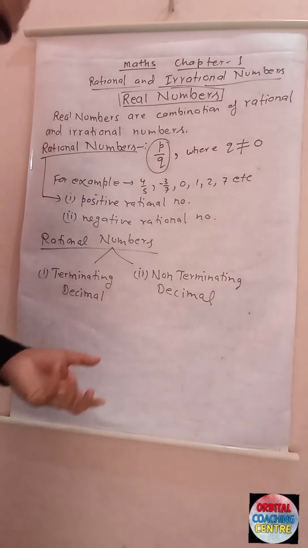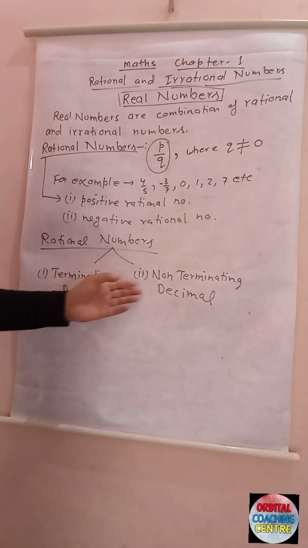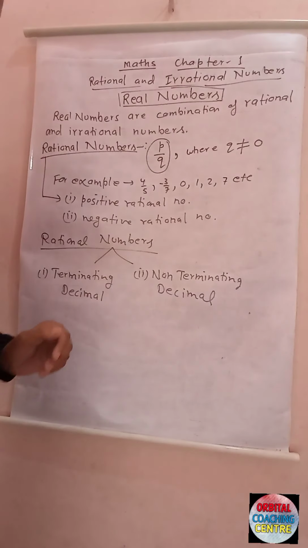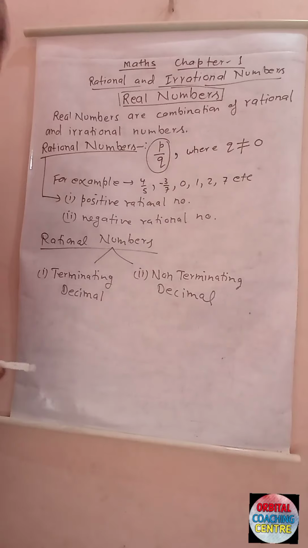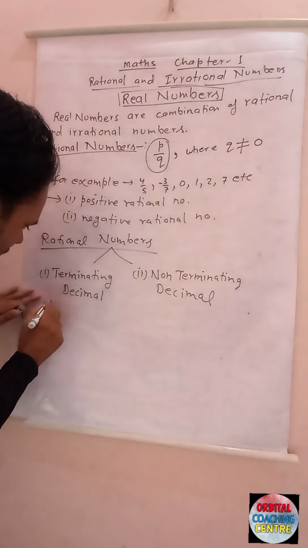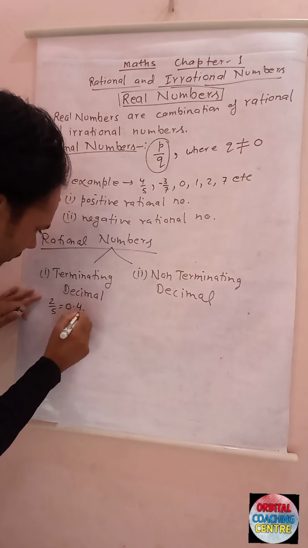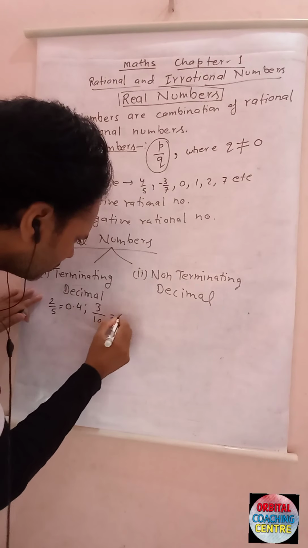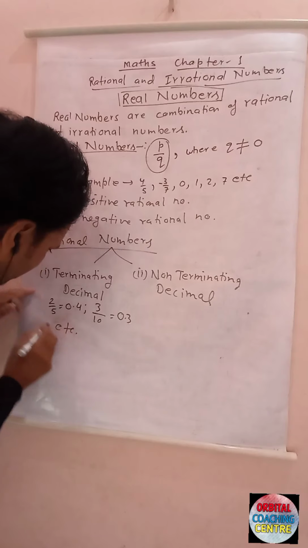According to representation in decimal, we divide rational numbers into two parts, terminating decimal and non-terminating decimal. What is a terminating decimal? Look here: 2 upon 5 equal to 0.4. 3 upon 10 equal to 0.3, etc.